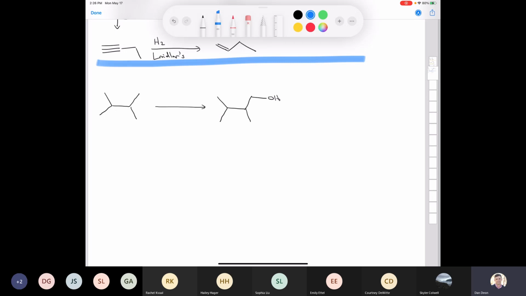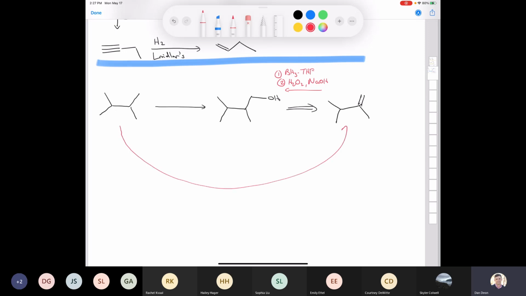As long as we have this alkene, we could take that and do an anti-Markovnikov addition of water. We could treat it with borane and THF, and then treat it with hydrogen peroxide and sodium hydroxide, and that would do an anti-Markovnikov addition.